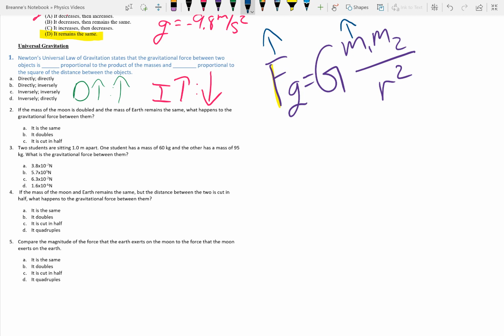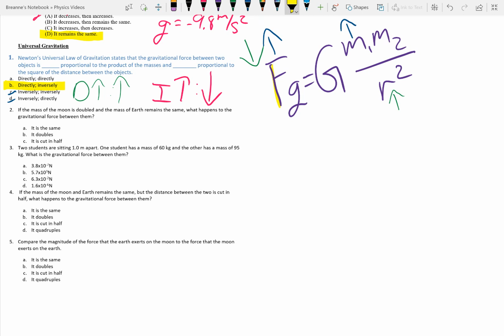So that would be directly proportional, so we can mark out C and D. Next one, as distance increases, would our number get bigger or smaller? Our overall number would get smaller. So that would be inversely. So our answer becomes B. Yay!